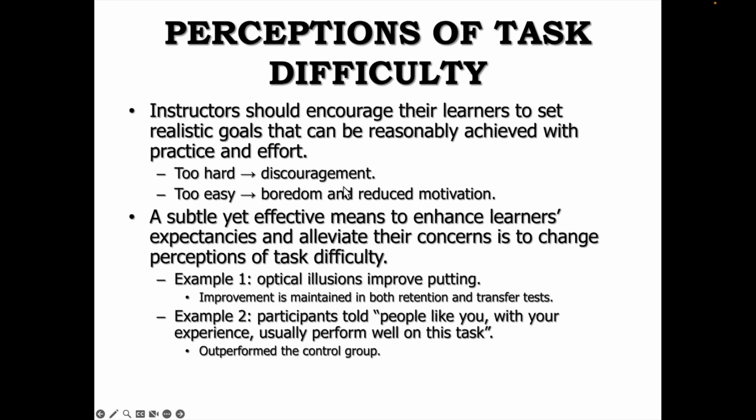Something that's too hard would lead to discouragement. So you don't want to make the skills or tasks too difficult for the people we're coaching or teaching to achieve. But we don't want to make them too easy either, because if it's too easy, they're probably going to be bored, and motivation will also be reduced.